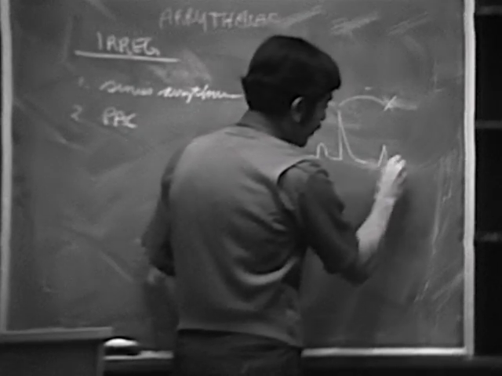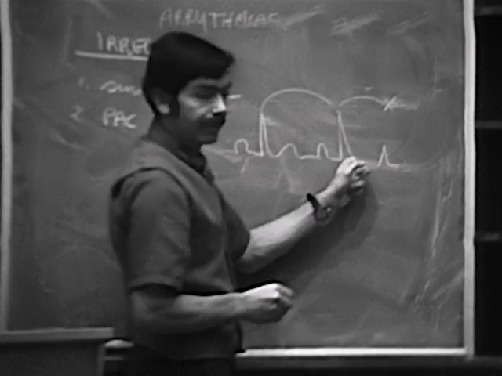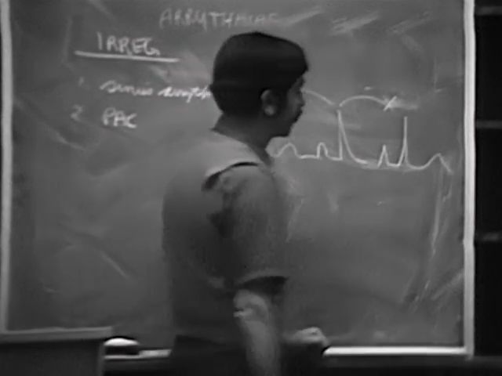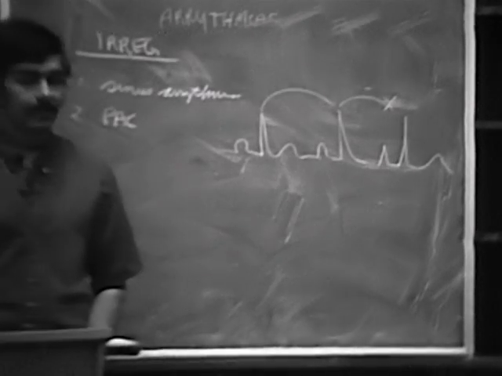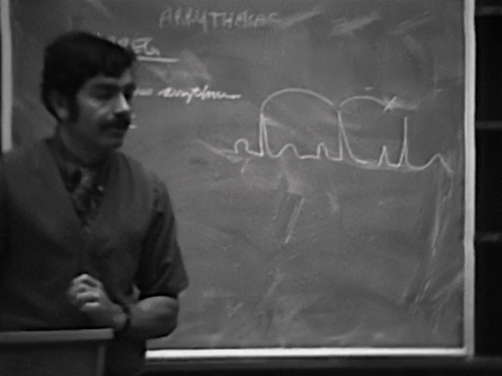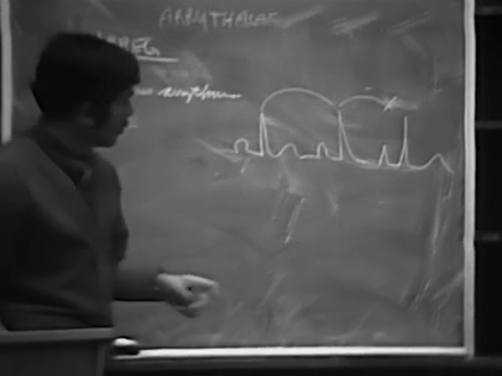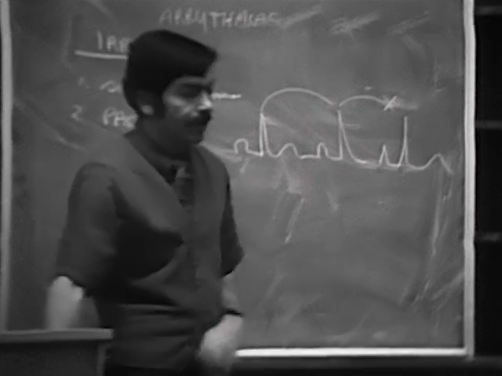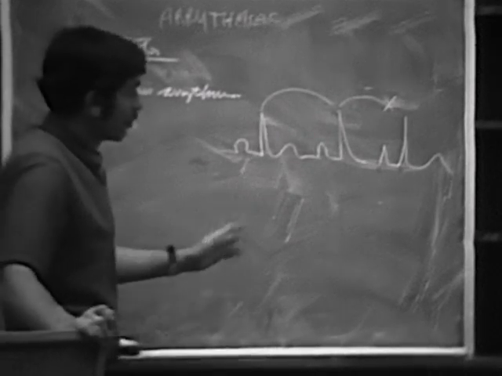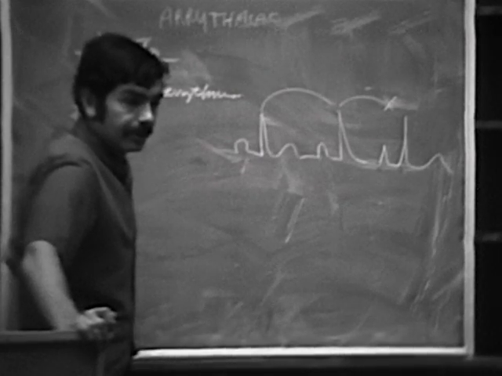The PR interval may vary, be different than this normal PR interval. But the QRS will look exactly the same. So you see a beat that's earlier. You have a P wave with a different configuration, usually, and frequently a different PR interval. And the QRS looks virtually identical to normal.